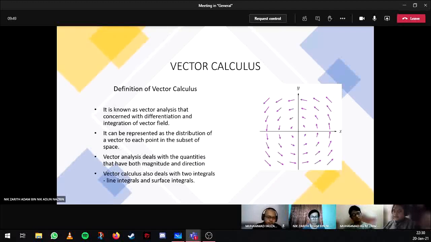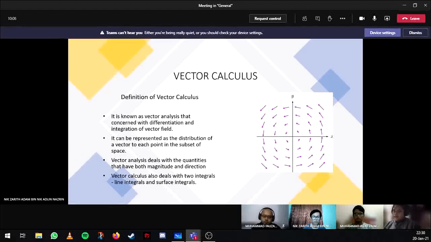It has two operations that can be performed on a vector field, and they play a basic role in the application of vector calculus to fluid flow, electricity, and magnetism. Each operation resembles differentiation. However, one produces a vector field and the other produces a scalar field.